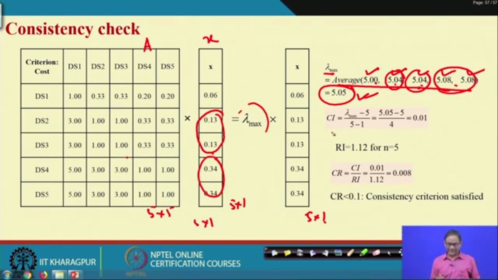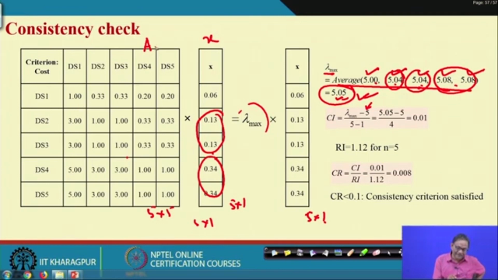I hope you understand: you will have these 5 cross 5 equations, but you want only one lambda value. So, you take the average of the 5 lambda values, and that average will be our lambda max.